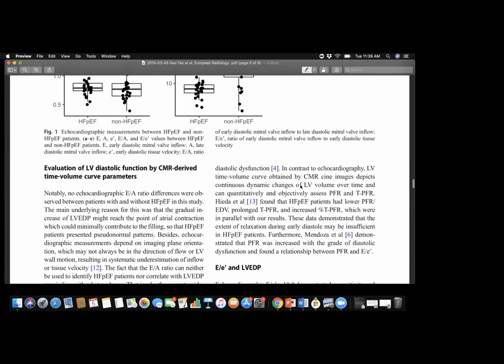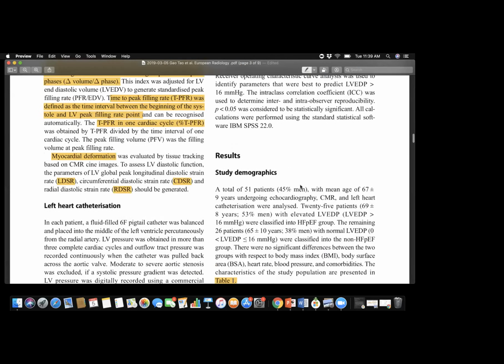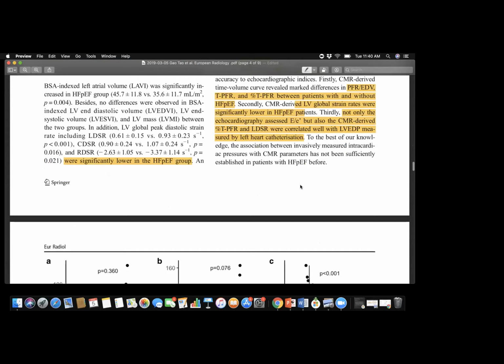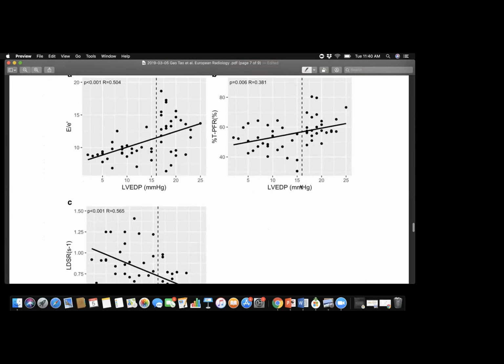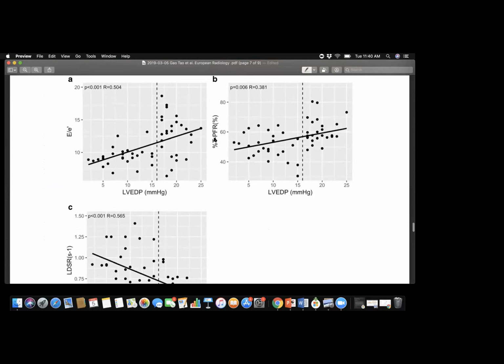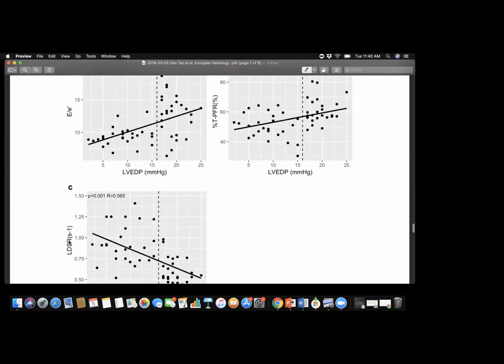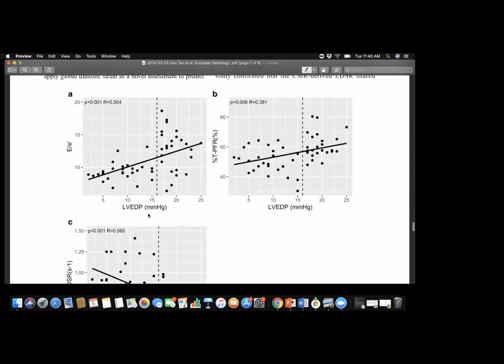So if they had a cutoff, let me find that graph, where they used the cutoff of 16. It's lower down here, and association of ROC curves, E to E prime, percentage of time to PFR, and longitudinal strain, again, very good correlation using that cutoff.